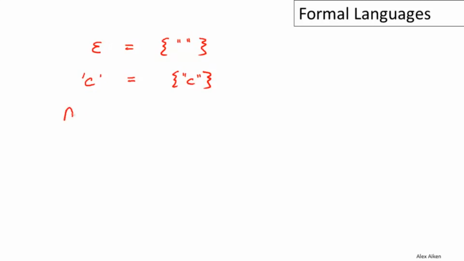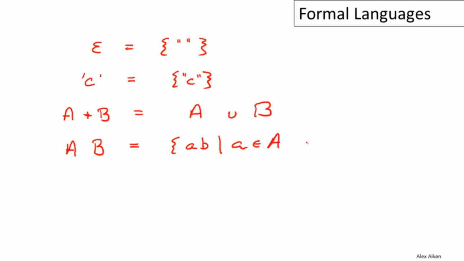So for example, A plus B was equal to the union of the sets A and B. And we had the concatenation, so I could juxtapose A and B, and that was equal to a cross product, where I selected a string from each set in order and concatenated them together.